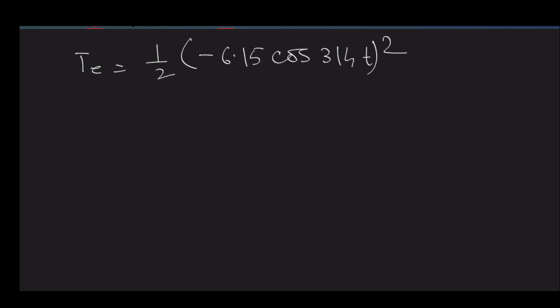Right, now for that, what expression of torque you will get? Again we are starting with theta equal to 60 degree, otherwise everything will be changed. Half of 6.15 cos 314t whole square plus half of 4.1 cos 314t whole square.